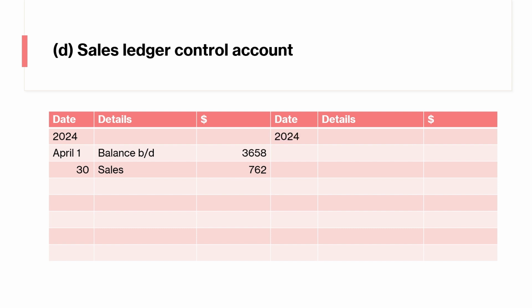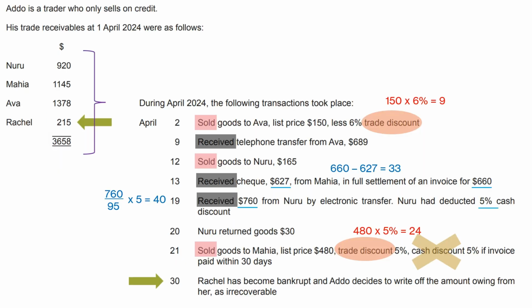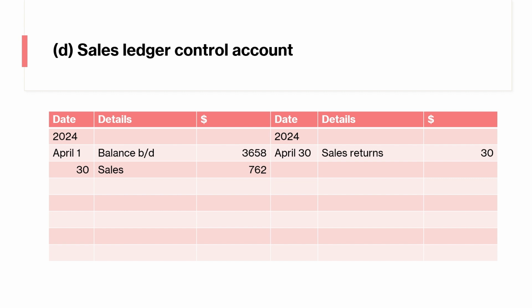Then we will have to record the credit entries on the 30th of April. So we will have to credit sales returns. To find the amount for sales returns, we will have to go back to the question. And over here we have a transaction relating to sales returns, $30. So we record that.